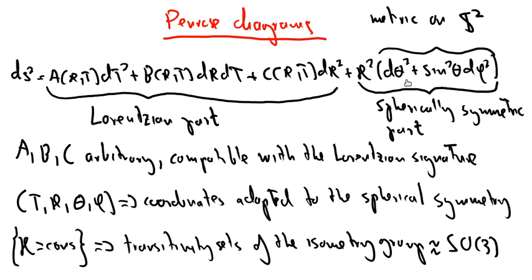Here, of course, one could attempt the same thing, but in general, these are more complicated metrics, and that procedure would be difficult. So what we could do is just pick the Lorentzian part and carry out the conformal compactification of this part only. And that will give us the information we need about the global causal structure, because the other part doesn't have any influence on the global causal structure.